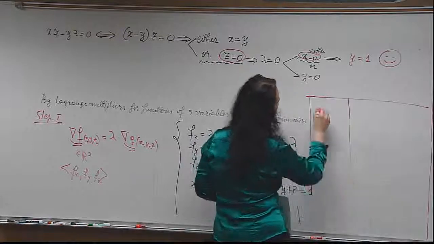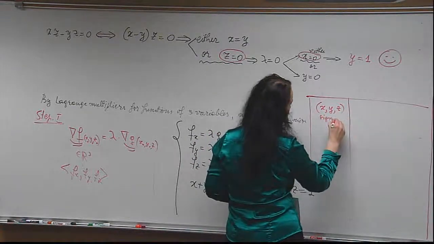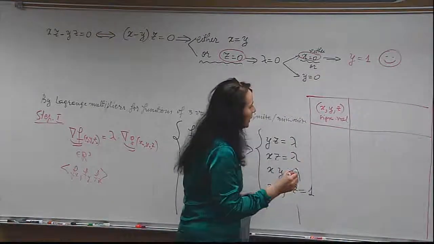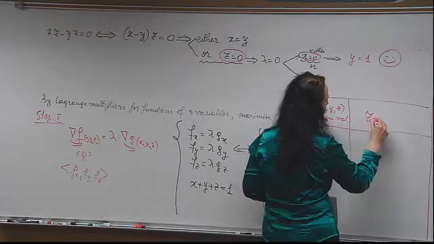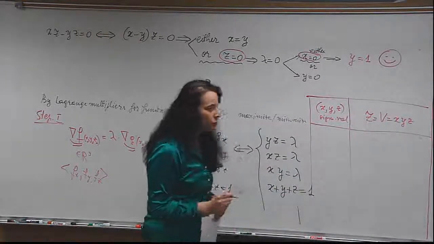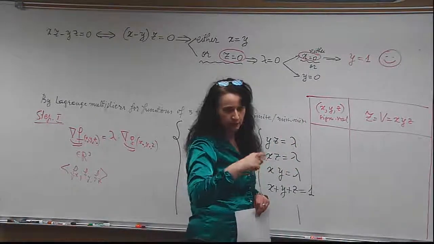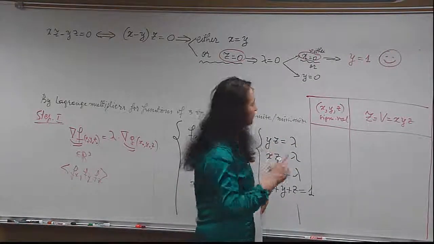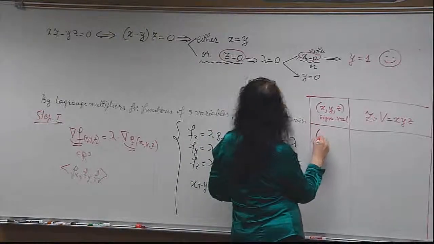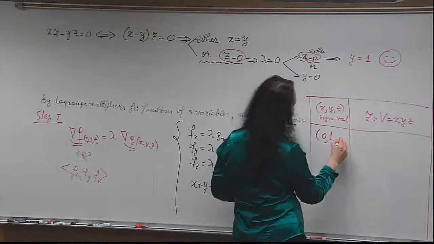And here I have x, y, z, significant values. Everything else doesn't matter. And this is the volume, which was xyz. So I have to compare volumes for the box. Okay. Now, in this case I have x is 0, y is 1, z is 0.